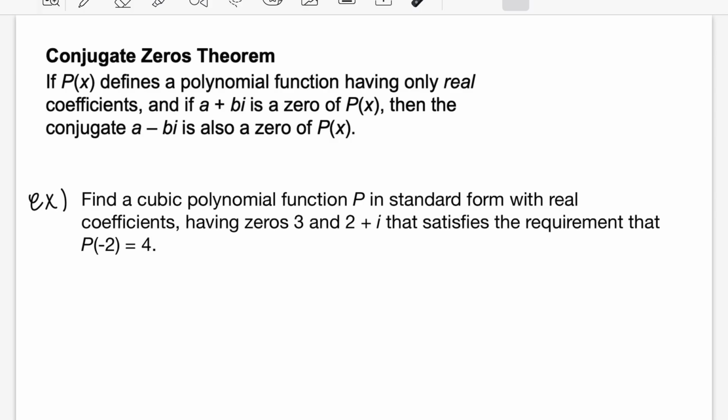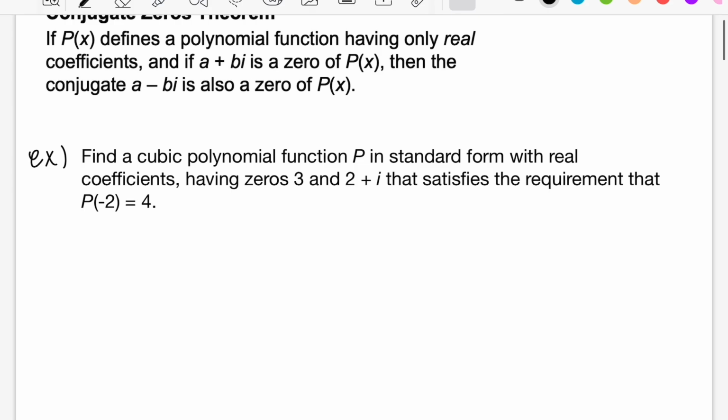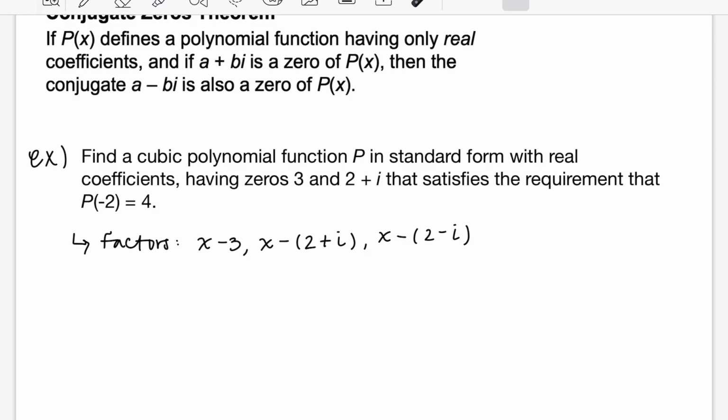And by the factor theorem, we know that our factors are going to be, I'll list them, x minus 3, x minus 2 plus i, and x minus 2 minus i, right? Because these are the zeros for a polynomial function.